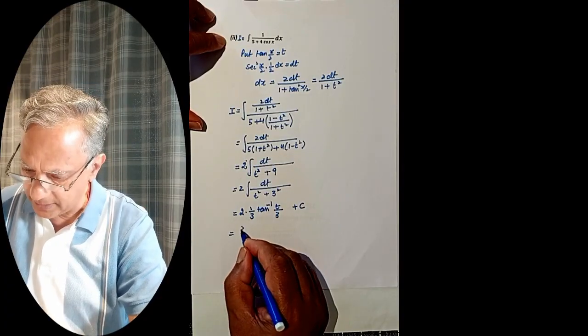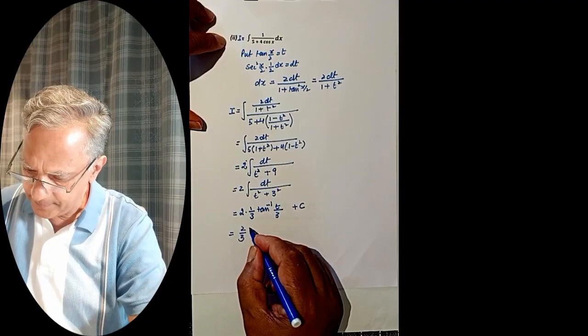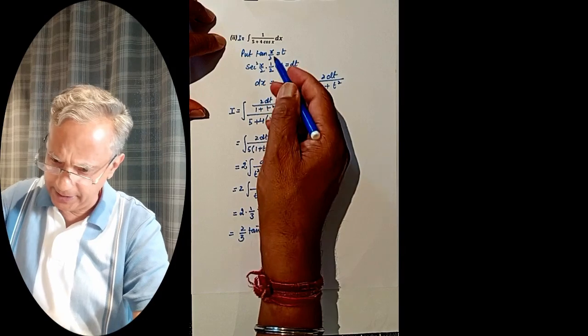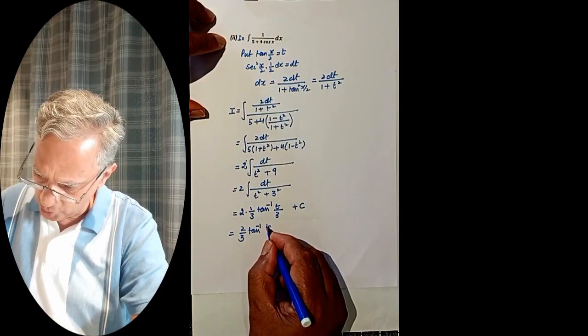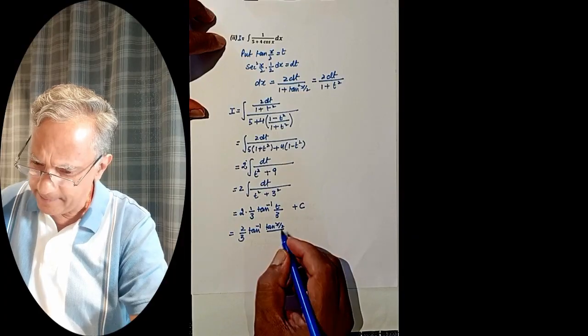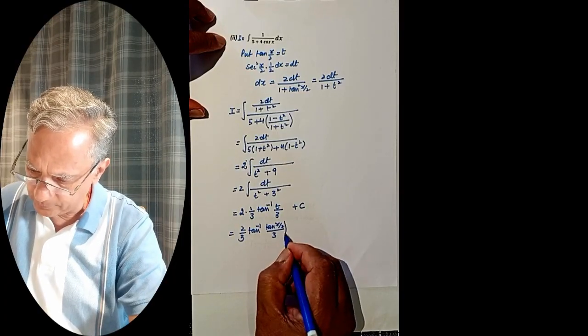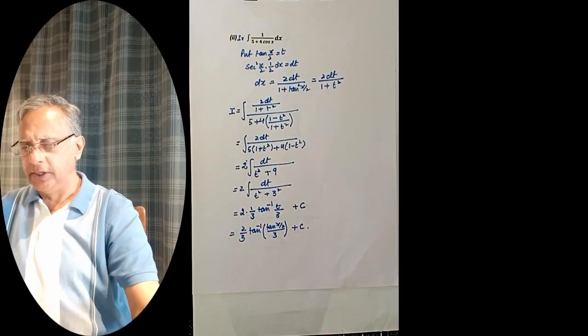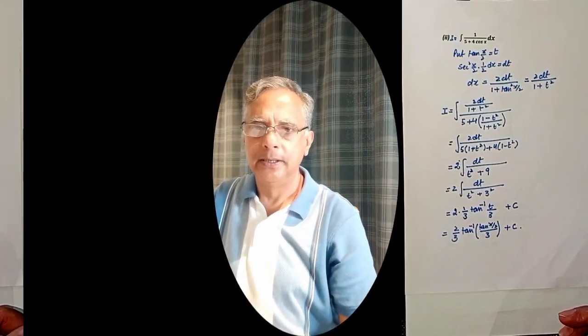So this can be written as 2 by 3 tan inverse t. How much is t? t is tan x by 2. So this is tangent x by 2 over 3 plus c. So this is the answer.